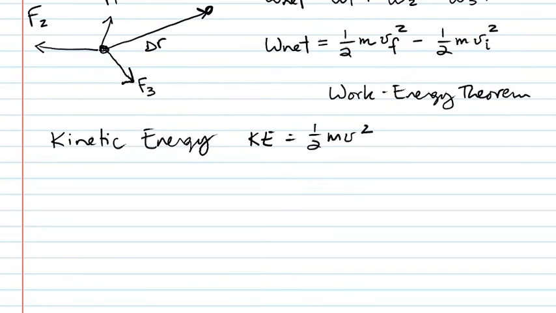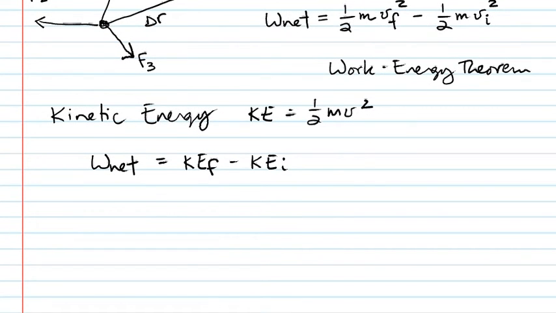In which case we can take the work energy theorem and actually rewrite it. The net work would be the final kinetic energy minus the initial kinetic energy. But usually when we have a final minus an initial value, we write that as the delta of the value.